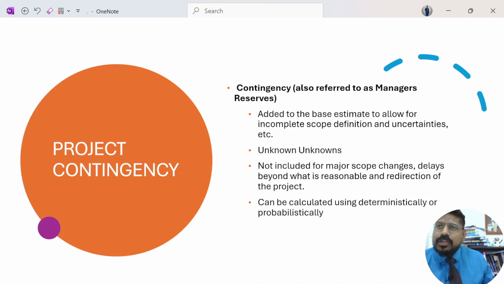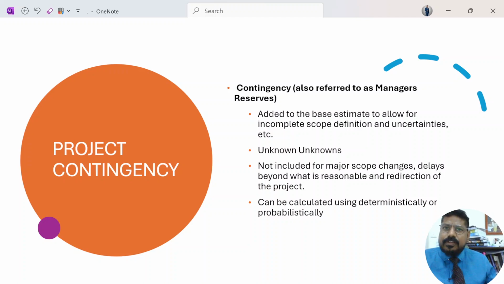Now I will not release all 100 to this person A. What I will do is keep 20 with me and release 100 minus 20, which is 80, to person A. This 20 is known as management reserve, because it is with management, which is myself in this case.